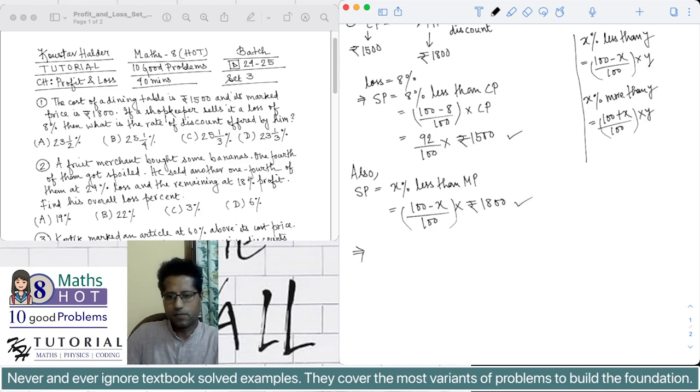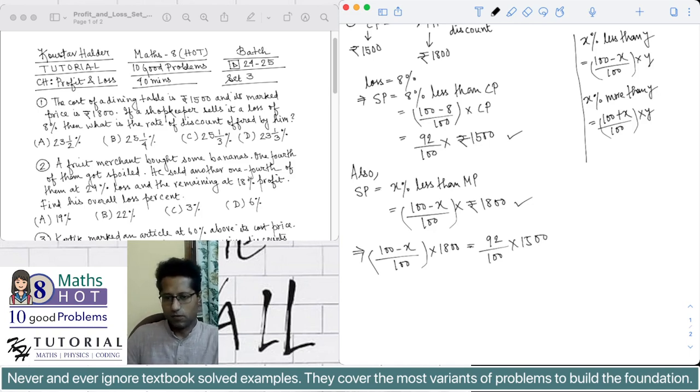So we can say that 100 minus x divided by 100 multiplied by 1800, I am ignoring the rupees symbol because the units will anyway get cancelled, is equal to 92 by 100 multiplied by 1500. So this is a linear equation in x.